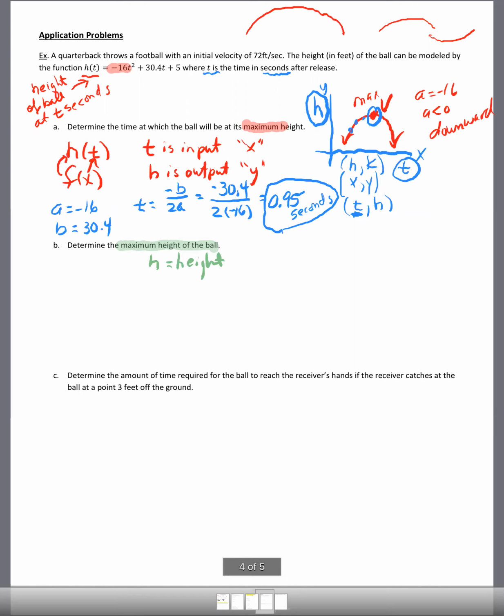So when I go back and I look to see where height was for the ordered pair and follow it back, it used to be called y, that's the k value, position for the vertex. So to find the k value, which is going to be for our height, I would go back to the function, height at 0.95. And everywhere t used to be, I'll now put in 0.95.